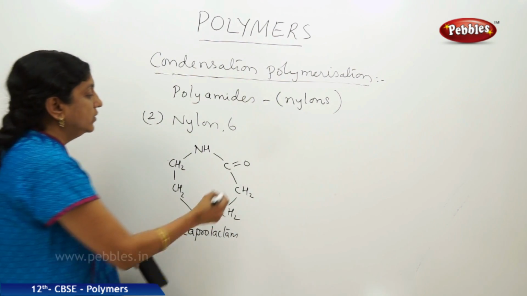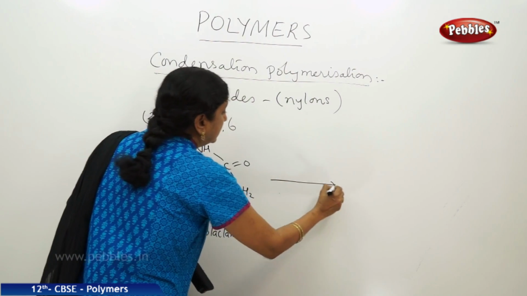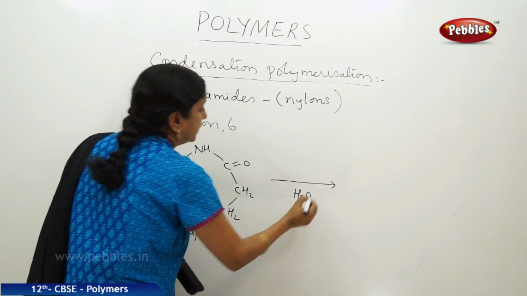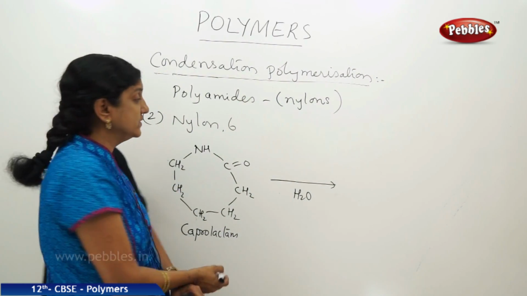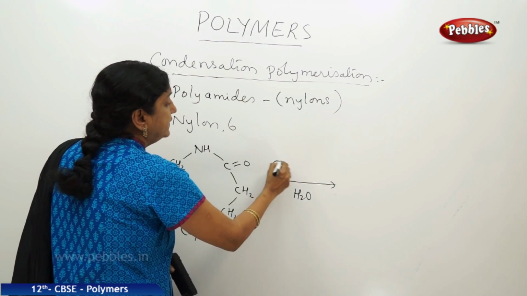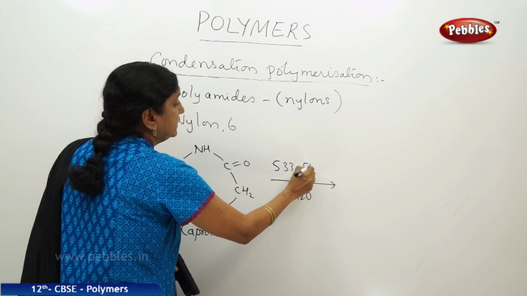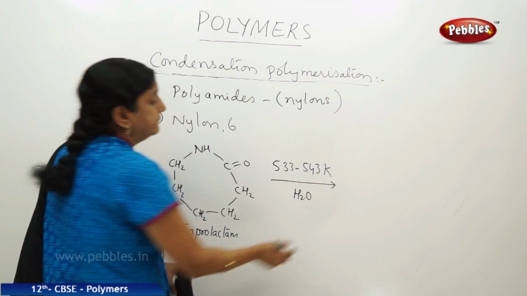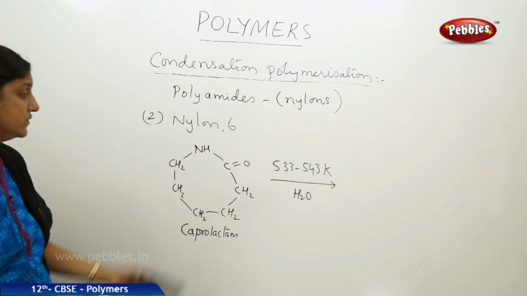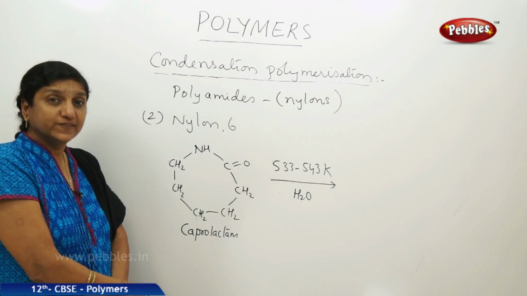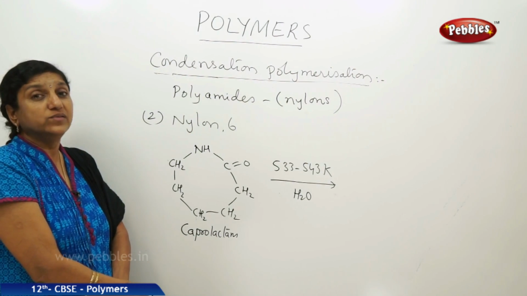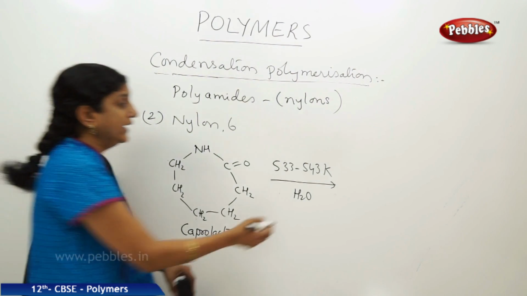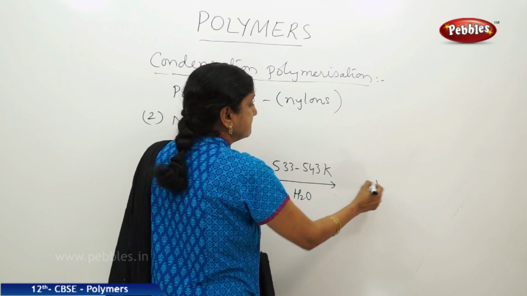Now caprolactam on condensation in presence of water at quite a high temperature, not as high as in nylon 6,6, so it is 533 to 543 K. So around this temperature, this material undergoes condensation with itself. Identical molecules undergo condensation and give rise to this polymer.